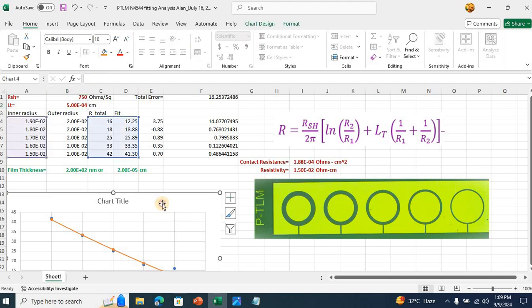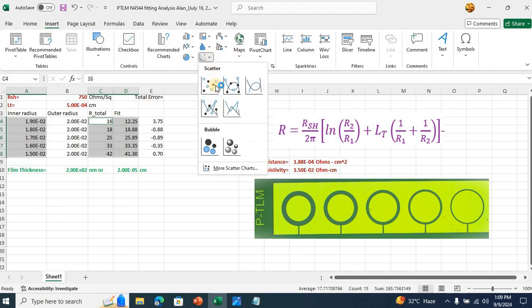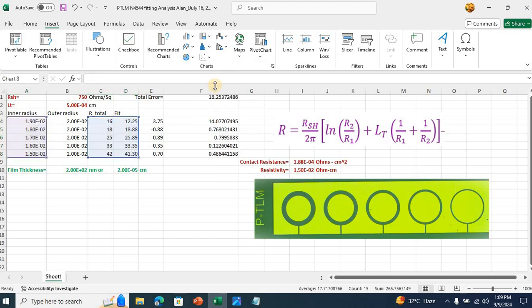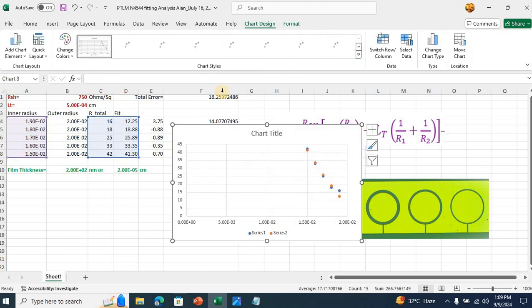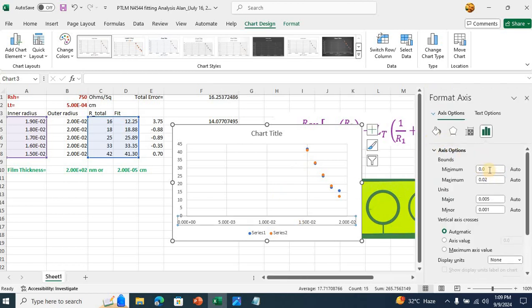and also let me delete this figure and let me plot it once again. So I select the inner radius and then I select the measured resistance and the fit resistance. I go to insert and go to this one. I need to adjust the axis over here. So it's running kind of from 0.0145 to 0.02 approximately.